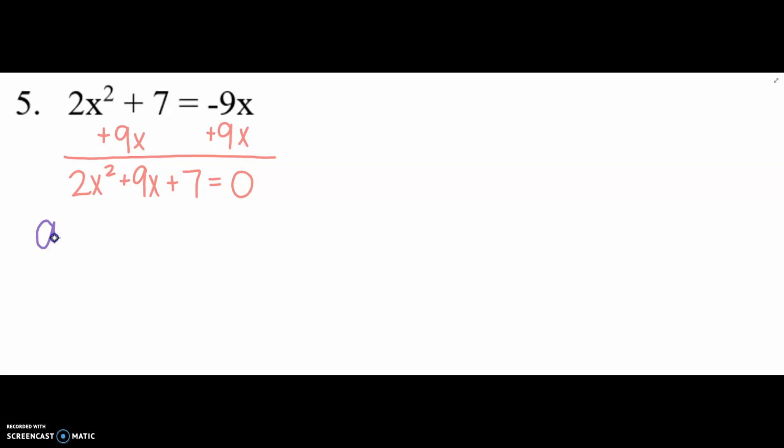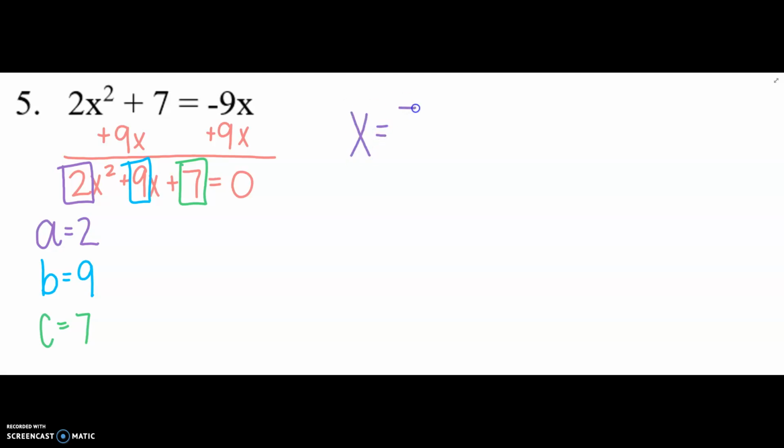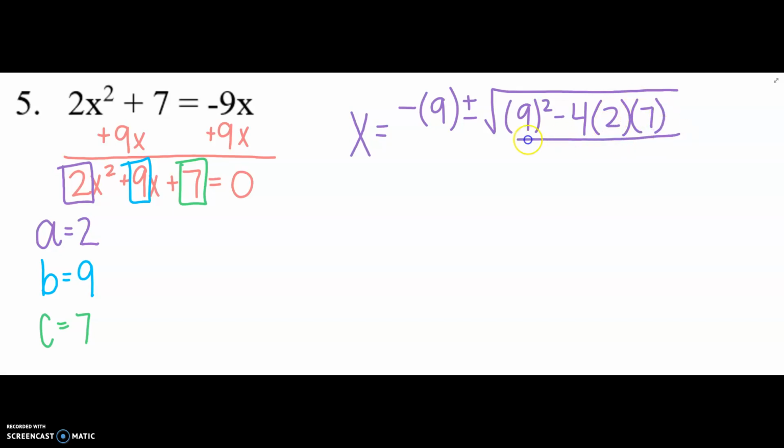And now I can label my A, which is 2, my B, which is 9, and my C, which is 7. And we can plug this into the quadratic formula. X is equal to negative B plus and minus the square root of b squared minus 4 times a times c all over 2 times a.